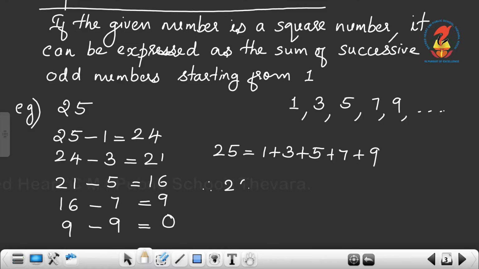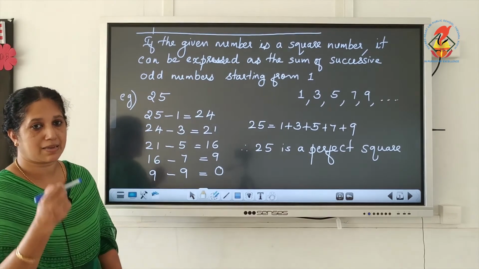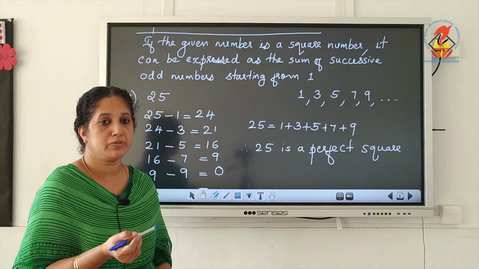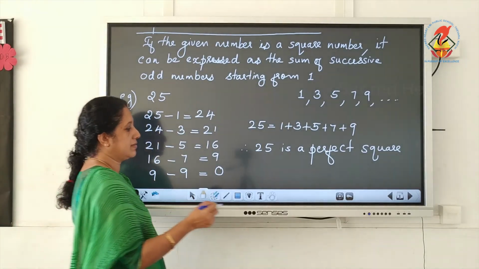Therefore, we can write 25 is a perfect square, and the method is known as repeated subtraction method. So, what you have to subtract? Odd numbers starting from 1.